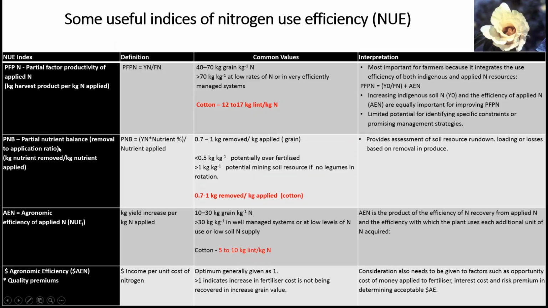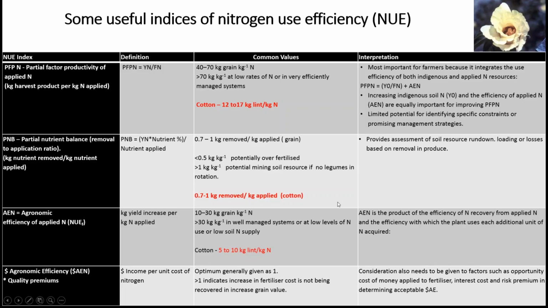Another index that it is possible to get is seed nitrogen, and this is really about saying how much nitrogen has been removed compared to what fertiliser nitrogen was supplied. Now for grain, the international standard is somewhere between 0.7 and 1 kilograms of grain removed per kilogram of N applied. Below 0.5 is potentially over fertilised, and above 1 is potentially mining.